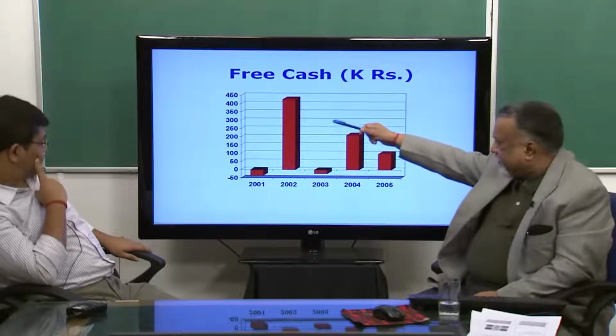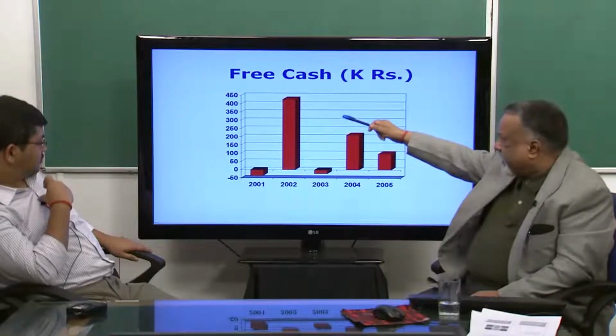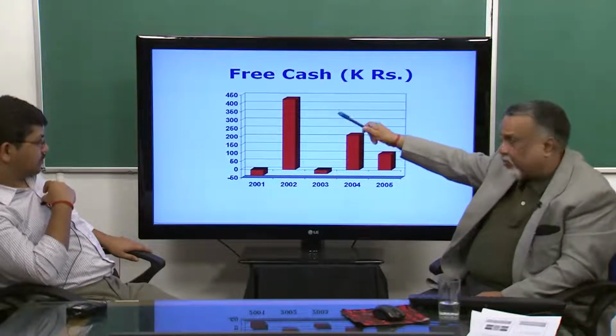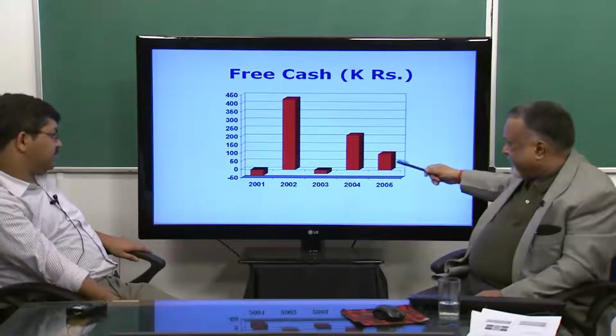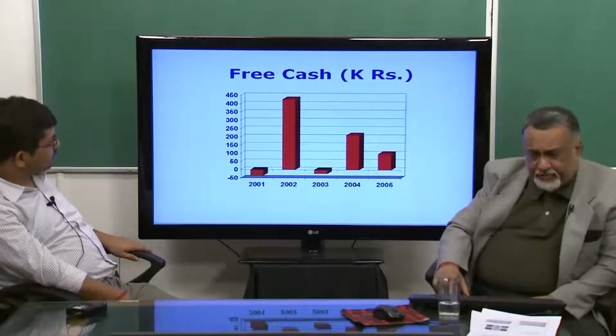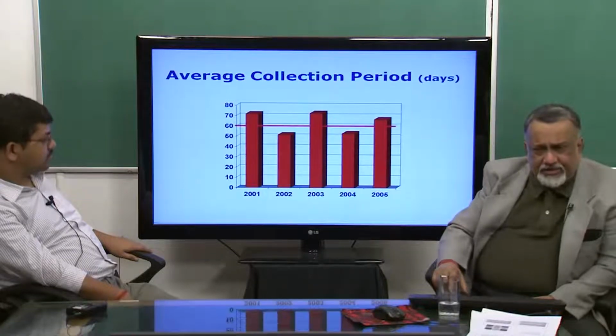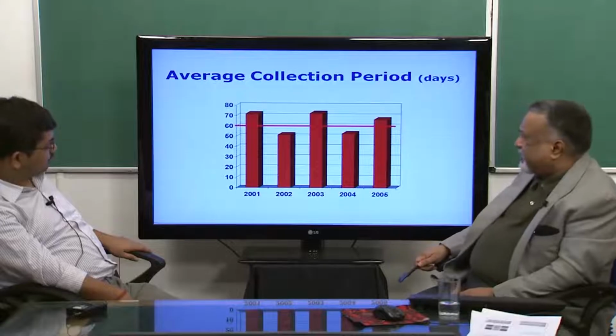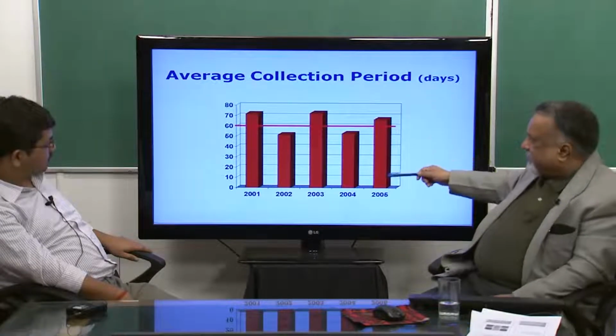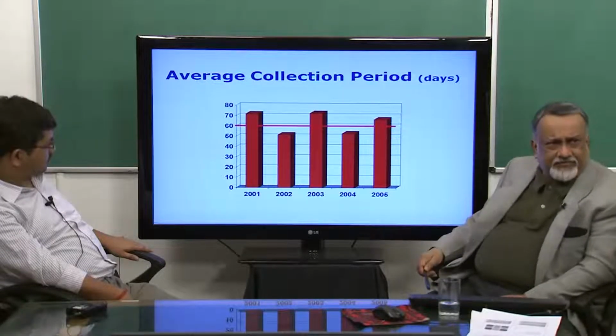It had an excellent performance in 2002, but usually free cash flow can go through big swings. Currently it is facing a lot of squeeze in free cash flow, and the reason is this average collection period. If the collection period goes up, then the free cash flow goes down.